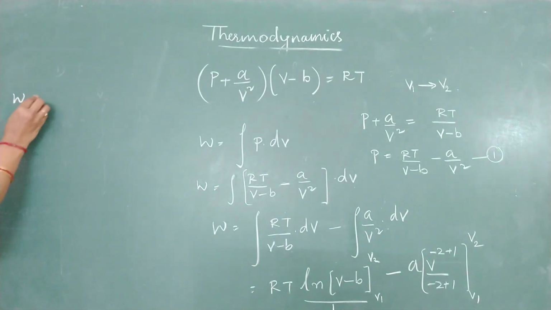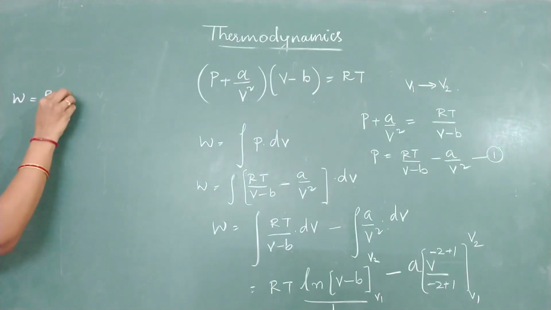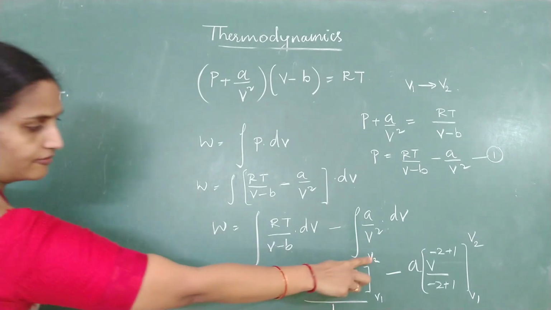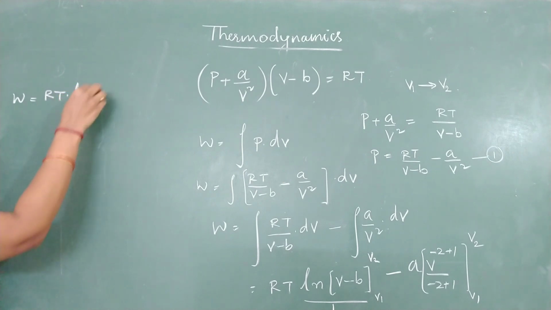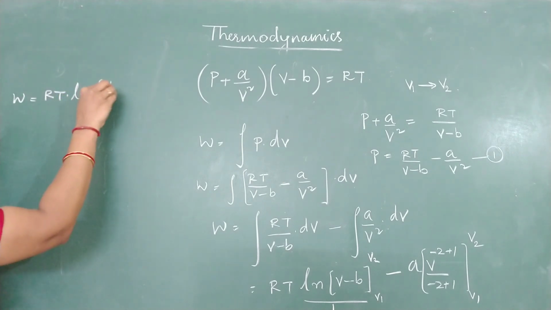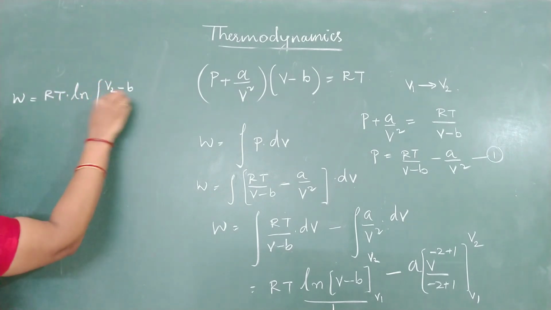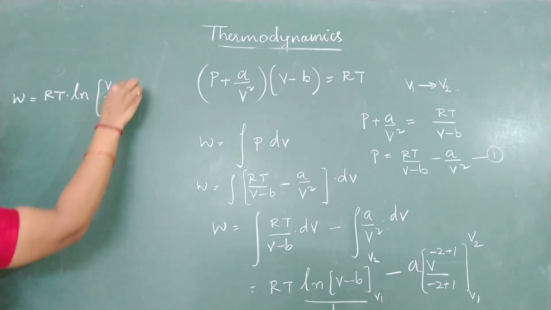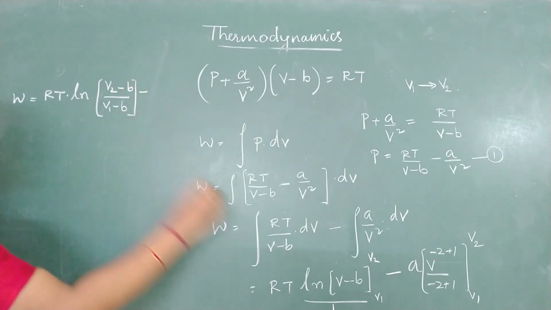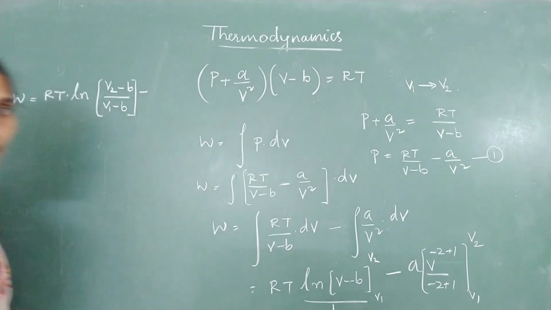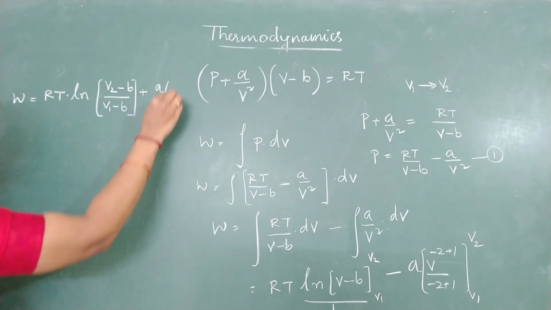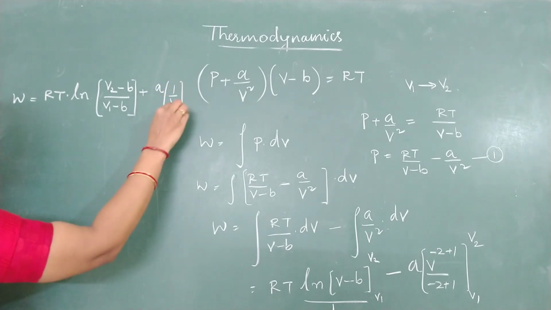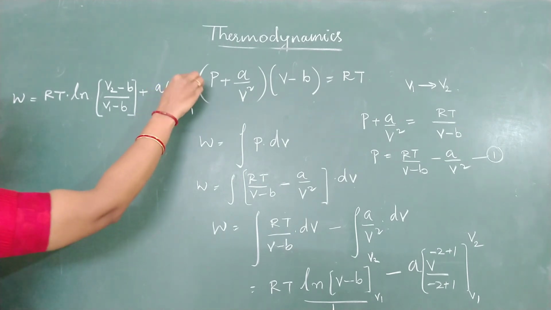Work done will come out to be RT times log of V2 minus b minus log of V1 minus b. I will write it in the form log of V2 minus b by V1 minus b. Then V to the power minus 2 plus 1 by minus 2 plus 1 is minus 1 by V, so this will become plus a into 1 by V, with limits V1 to V2.